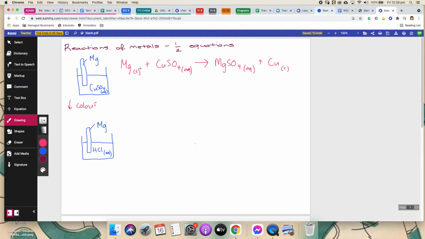Magnesium's going from a solid and it's forming an ion, so you might start to see parts of the magnesium break down over time. And you'll also see this copper, which is going from ions into a solid, depositing onto the bottom of your beaker. So lots of things that you can visually see to tell you that a reaction's happening.